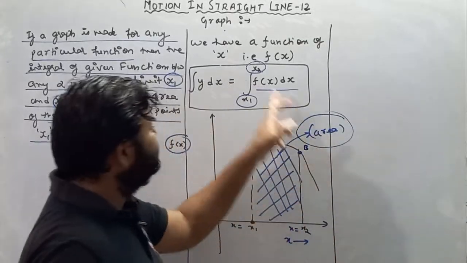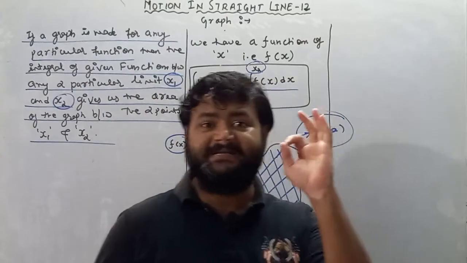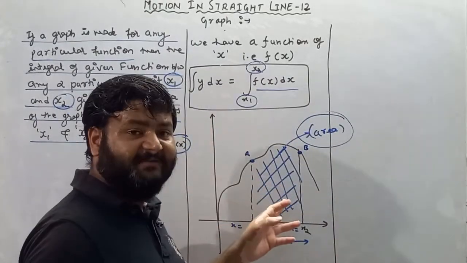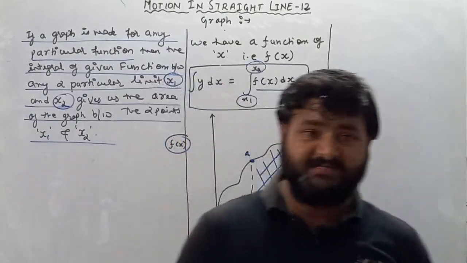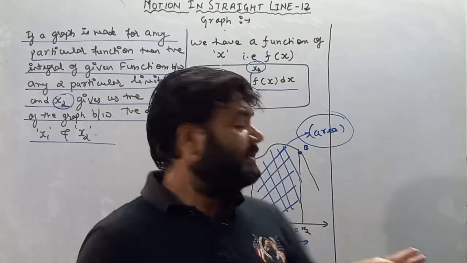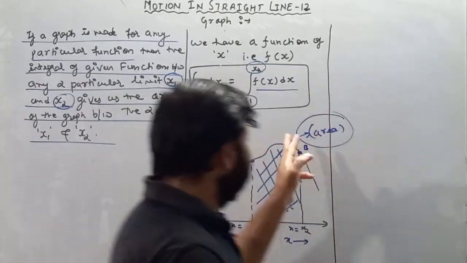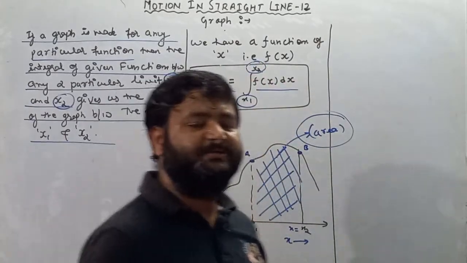This area represents the integral from x1 to x2 of f(x) dx. Area under any graph can give you the integral of the function with respect to x by putting certain limits x1 to x2.